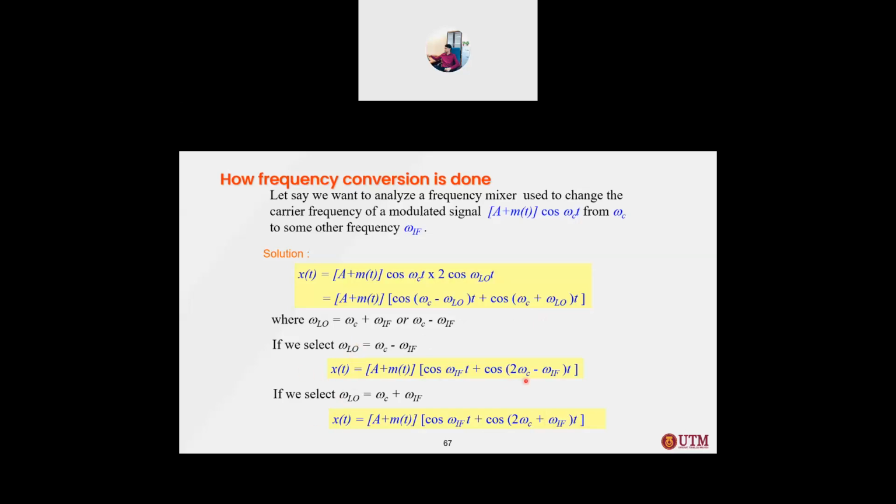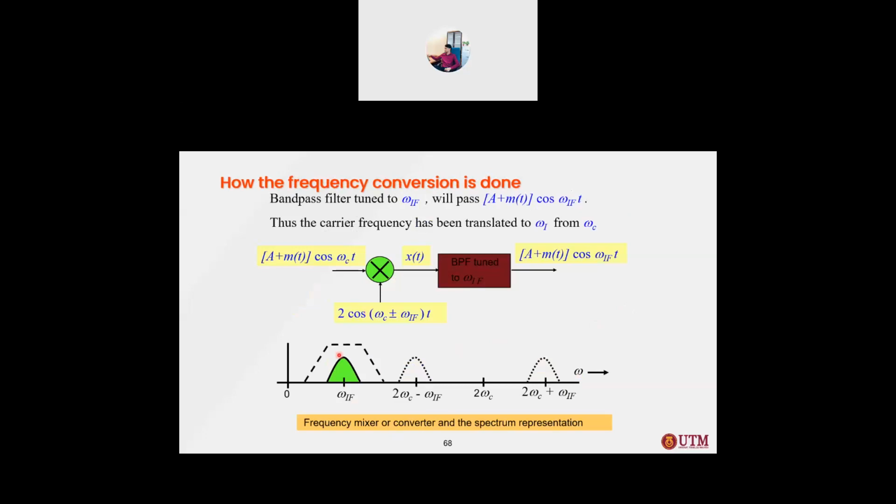For example, if you say omega LO equals omega C minus omega IF and insert it into this equation, you end up with this. You can test it on your own, this is just substitution. The next one, if you substitute omega C plus omega IF into this equation, you end up getting this. I just went through it so fast.